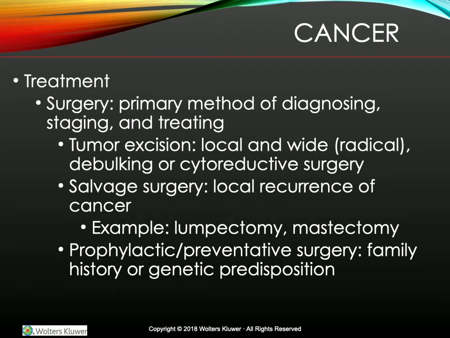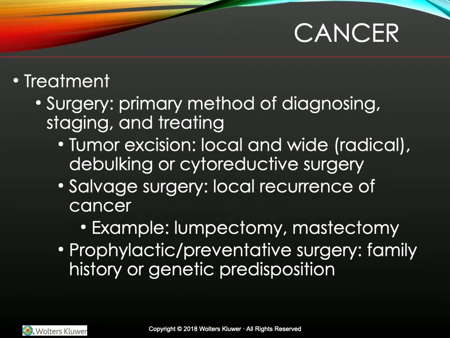A prophylactic surgery we can also do, or preventative, whichever one you want to call it. That's because there is a family history or genetic predisposition for cancer, such as breast cancer.